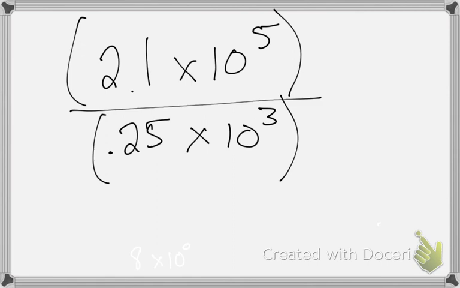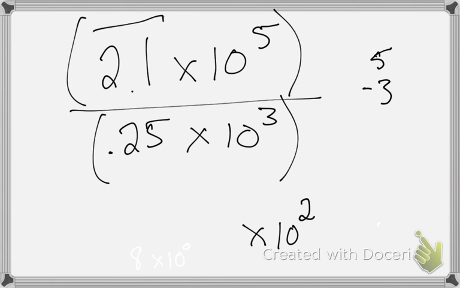Does anybody know the fast way? What can we do with exponents when we divide? We subtract, right? Because these are all base 10 here. We can just take 5 minus 3. That's my new exponent. What about my coefficient?